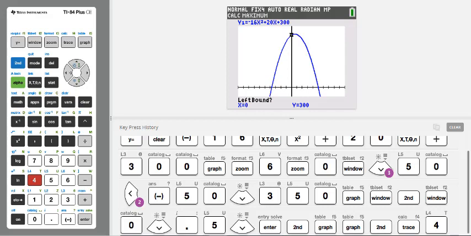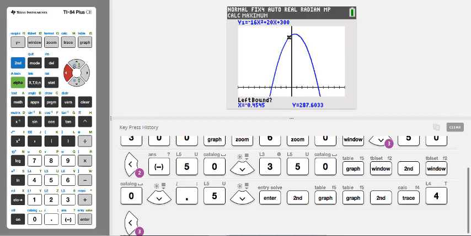So we're just going to set a left bound and a right bound. I'll hit enter on that side, then go over to the other side and hit enter. Now I'm in between these two, which is what I'm telling it to look at to find the highest spot.